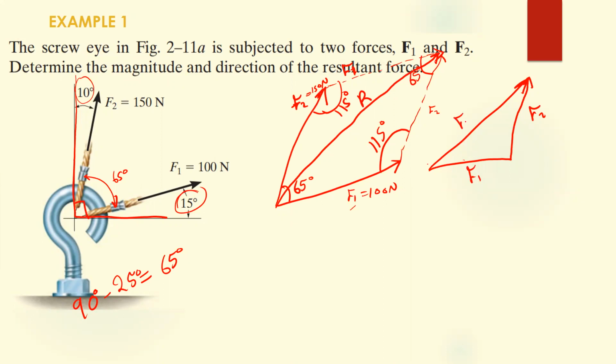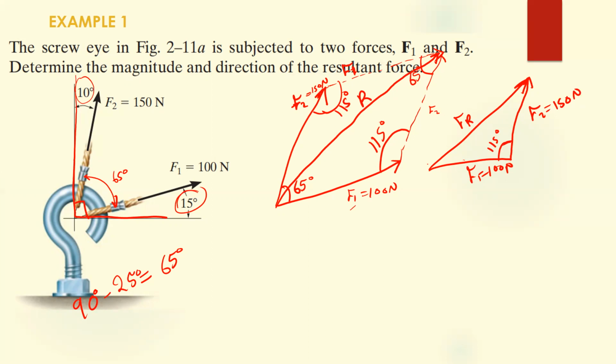And then this is the resultant FR. To find FR, given this angle, which is 115 degrees, we've also been given two sides: 100 newtons and the other side, 150 newtons. So we've been given two sides and one angle.